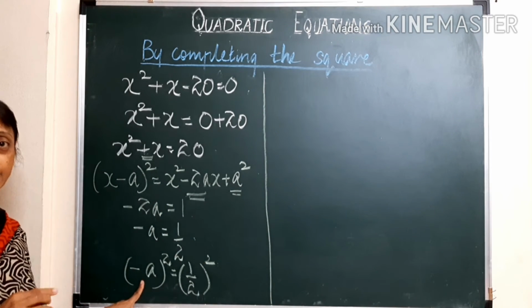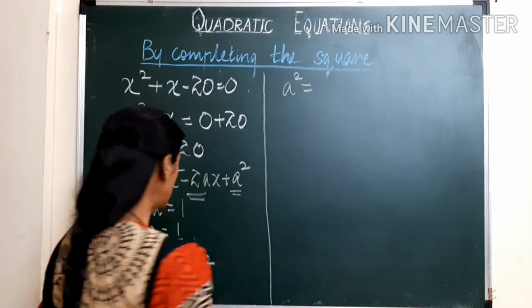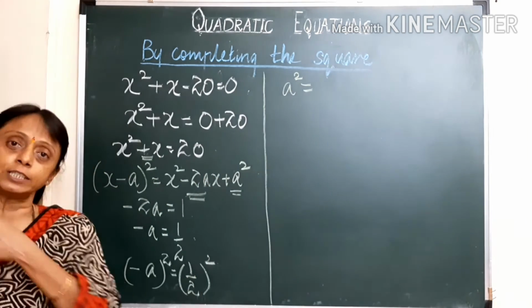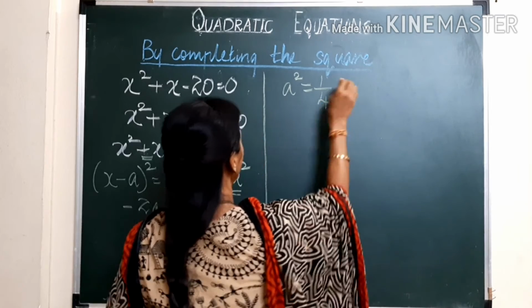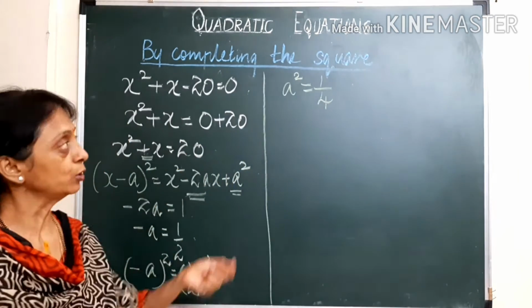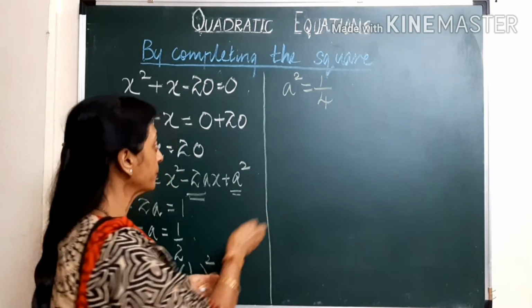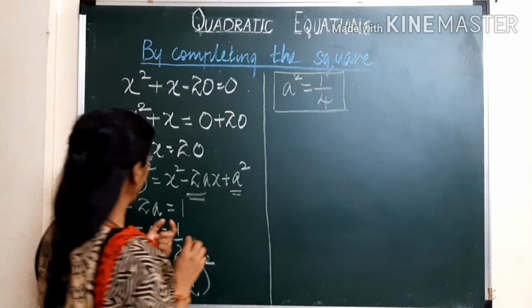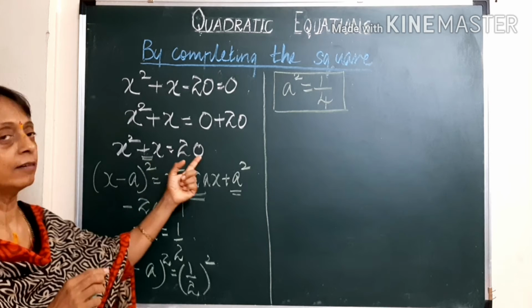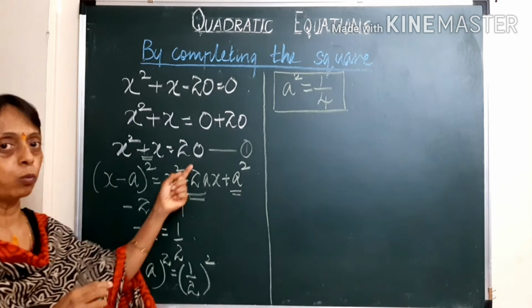So minus a into minus a will give you a square, which is equal to 1 upon 2 into 1 upon 2, which gives you 1 upon 4. There you are. Now you get the last term, that is a square. Once you get this answer, you add it to your left hand side and the right hand side of equation number 1.